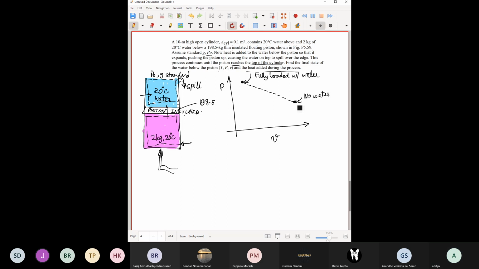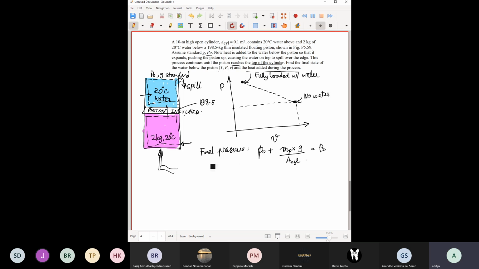We know pressure and volume. So what is the final pressure? Atmospheric pressure plus weight of that piston. Very good. So final pressure will be P atmospheric plus mass of piston times G over the area of the cylinder. We call this P2.